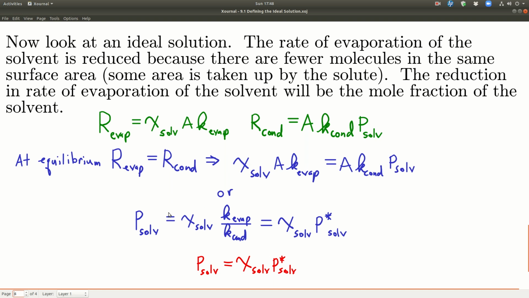We get the pressure of the solvent is equal to the mole fraction of the solvent times the rate constant for evaporation divided by the rate constant for condensation. But we just showed on the previous slide that this ratio is equal to the vapor pressure of the pure solvent. And so we get Raoult's law. Vapor pressure of the solvent in an ideal solution is equal to the mole fraction of that solvent times the vapor pressure of the pure solvent.